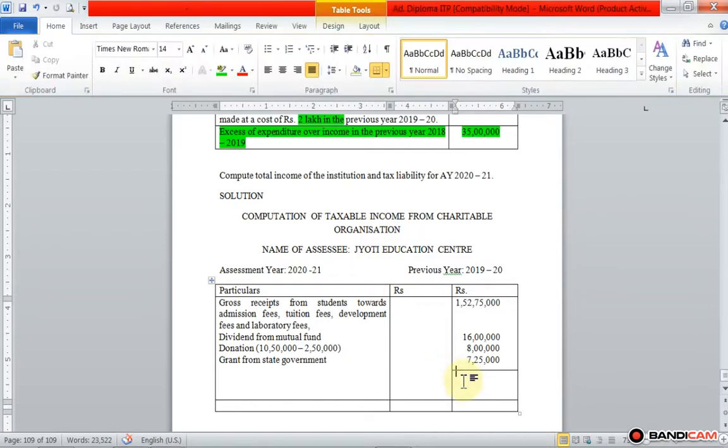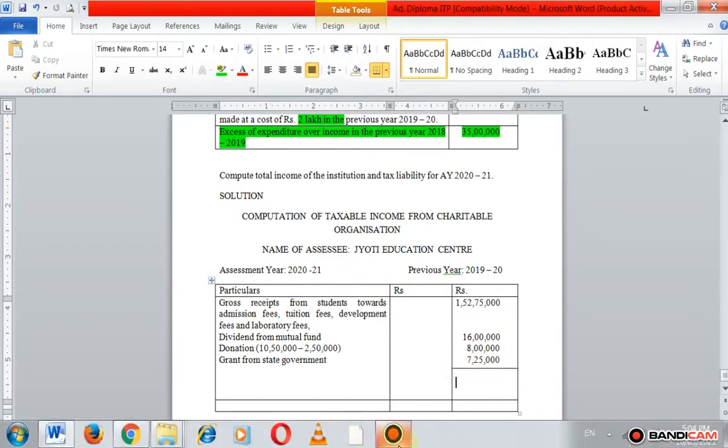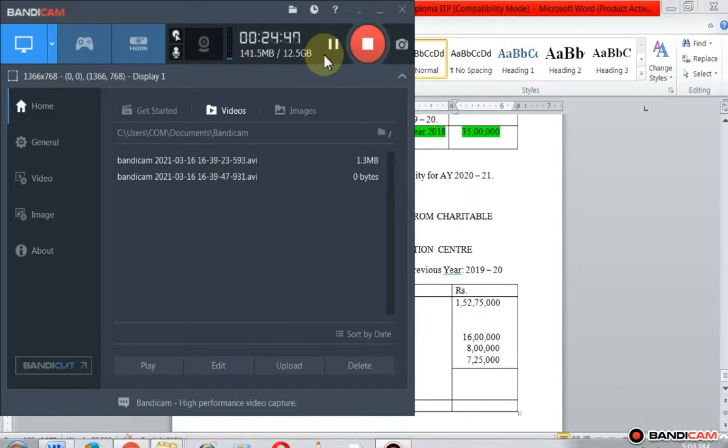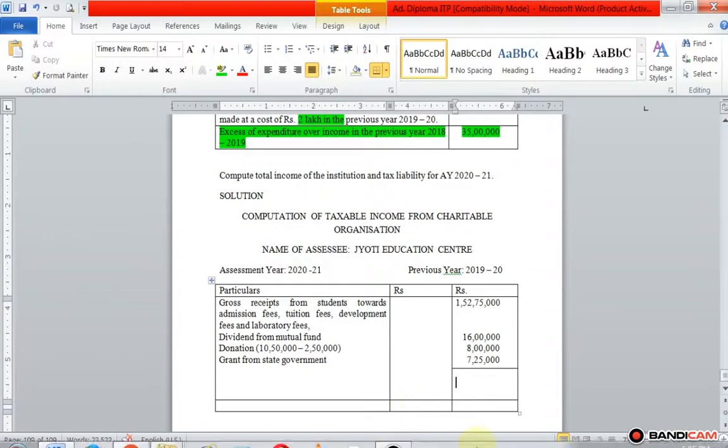Here we get a total, that is 1 crore 84 lakh.